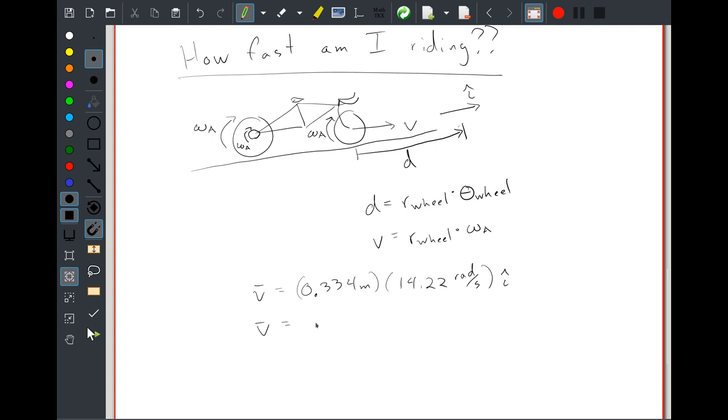So V is 4.74 meters per second I. Or another way to say that is that it's about 10.6 miles per hour. Perfect. That's a great speed to cruise to the beach on.